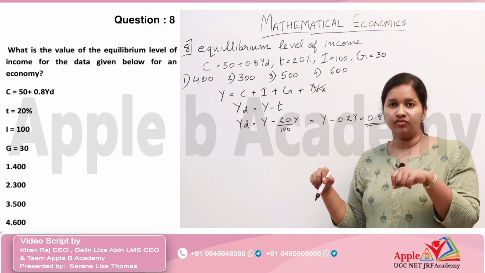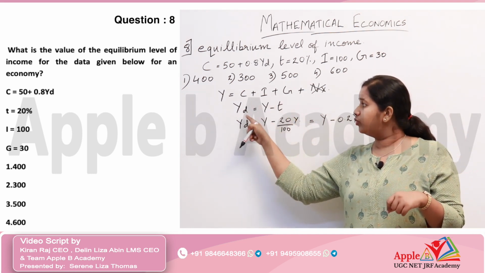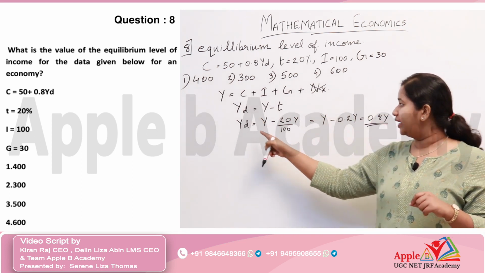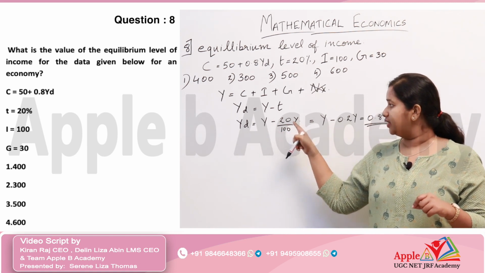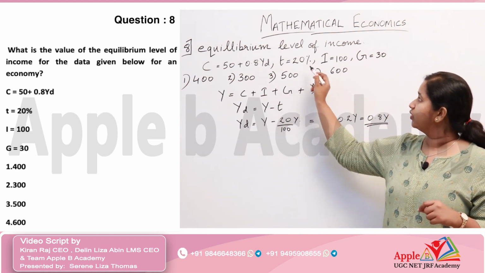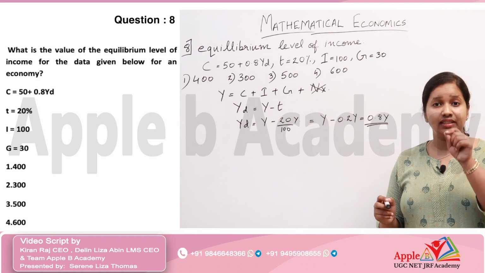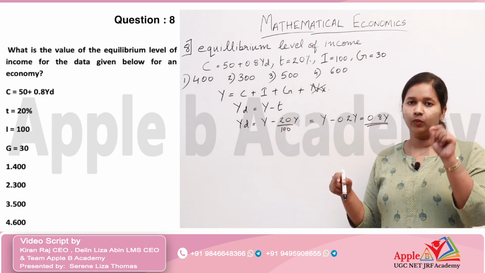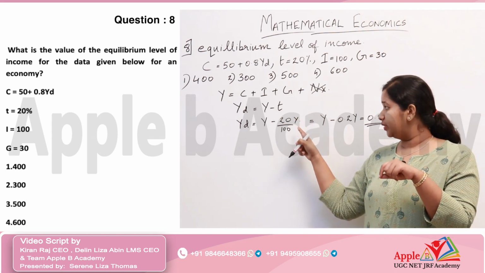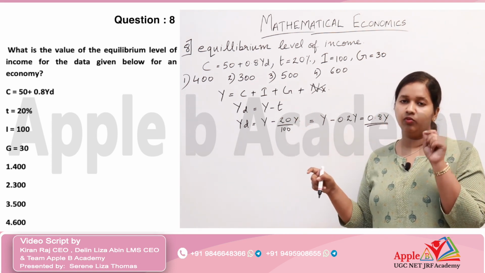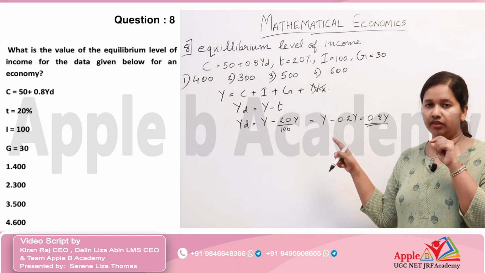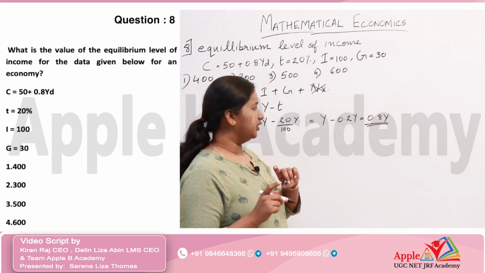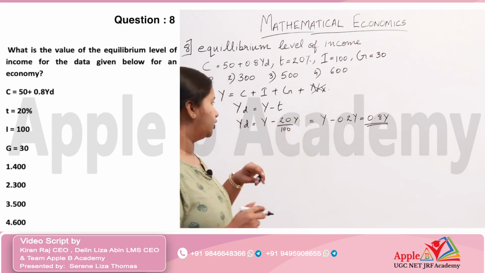After deducting for the tax, what is the income you have in hand? That is the disposable income. So, YD is equal to Y minus 20 by 100. We know that 20% is the tax. So, to find the disposable income, we subtract 20% of Y from Y. So, Y minus 20 by 100 into Y, which is Y minus 0.2 Y is equal to 0.8 Y. So, we got the disposable income.